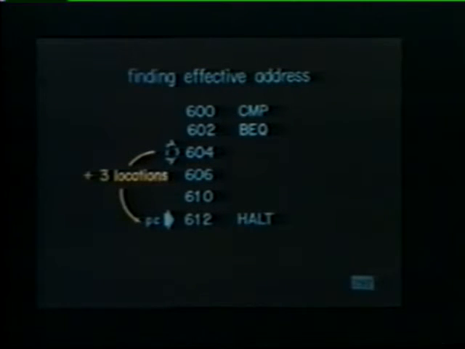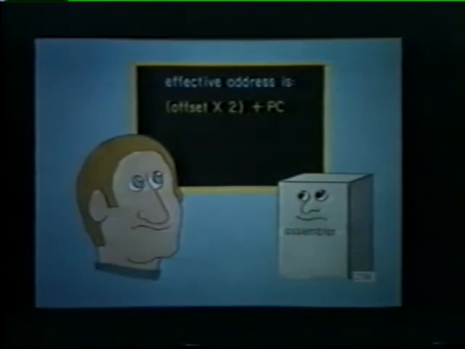Thus, the updated PC moves to location 612, which is 3 locations forward from the former PC. Therefore, to find the effective address, the rule is take the offset, multiply it by 2, and add it to the current value in the program counter. The effective address can be calculated by either the programmer or by the PDP-11 assembler.